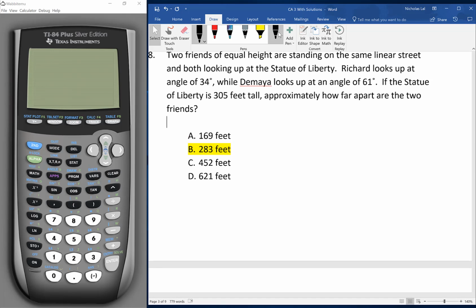So this will be the Statue of Liberty. The Statue of Liberty is going to have a height of 305.